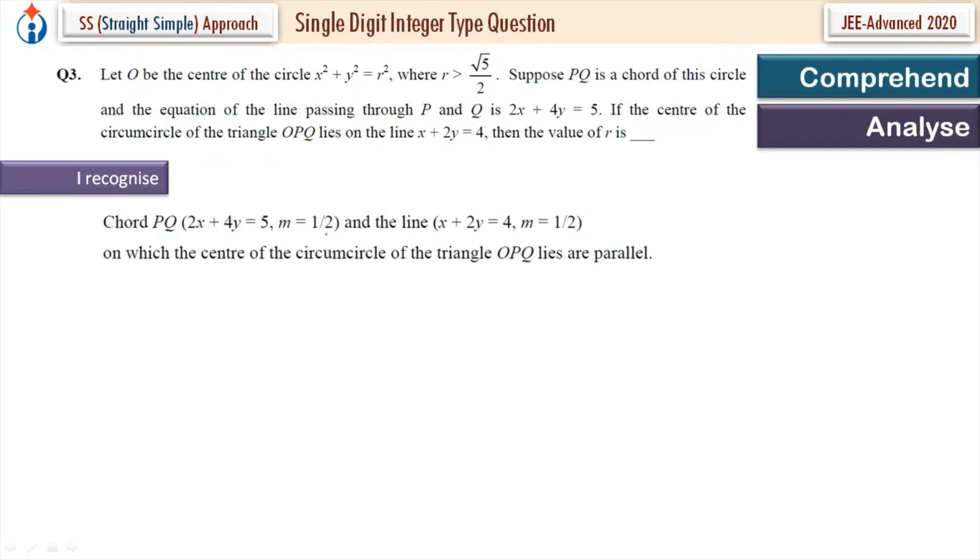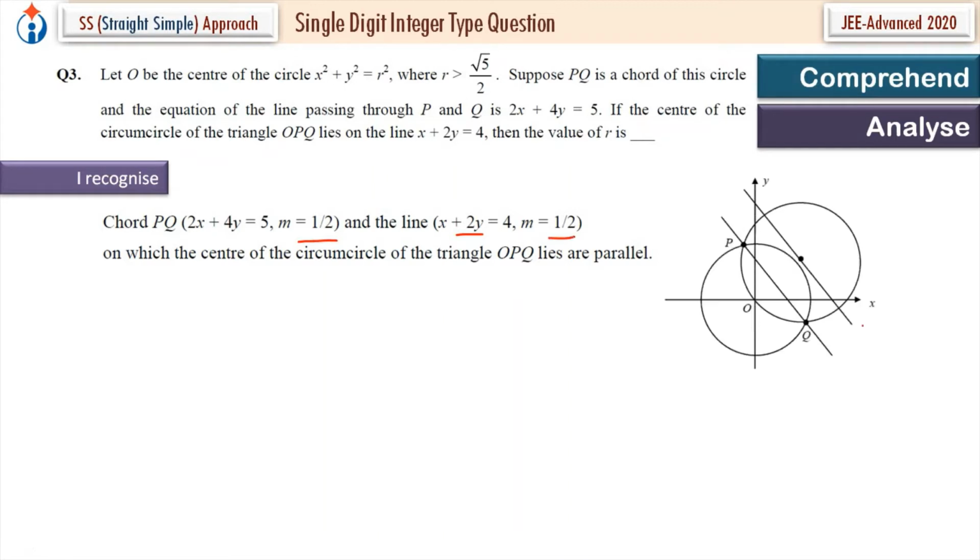the chord PQ, slope is half, and the line x plus 2y equal to 4, slope is half, on which the center of the circumcircle of the triangle OPQ lies. So they are parallel, slope are same. So picture will be something like this. So circle x square plus y square is equal to R square.